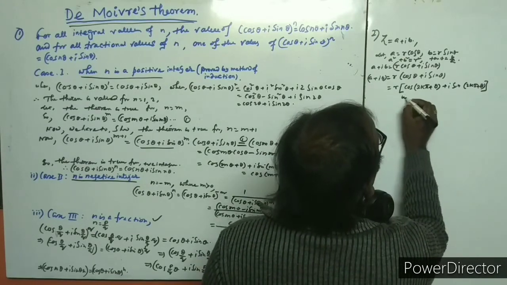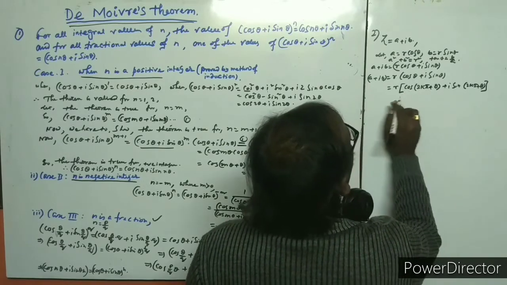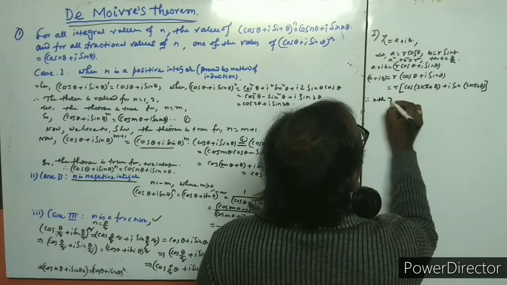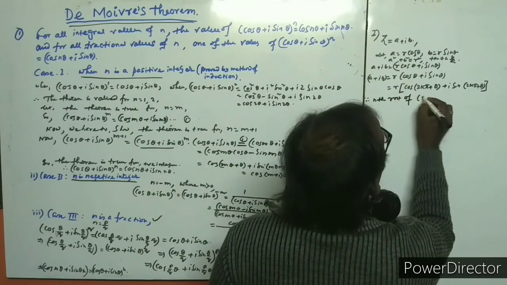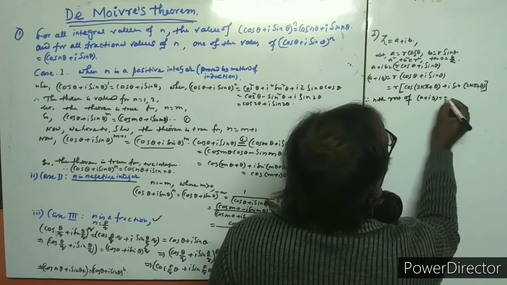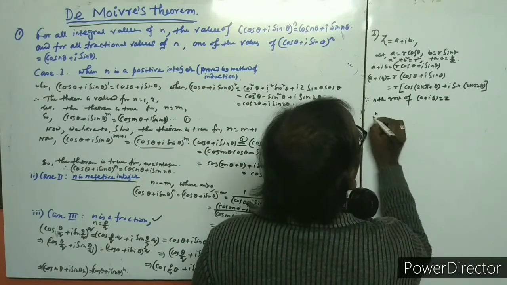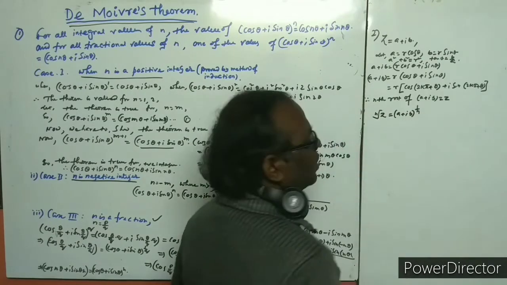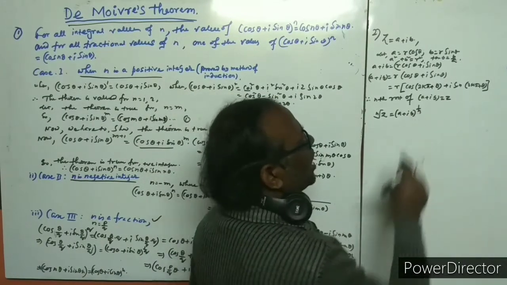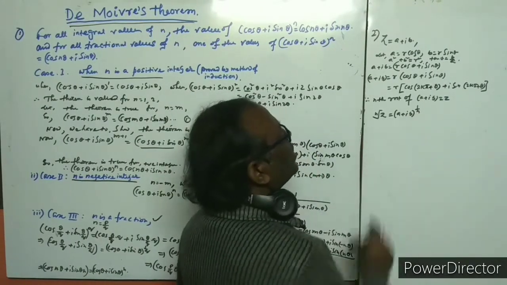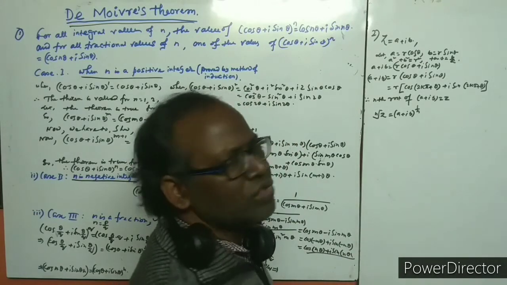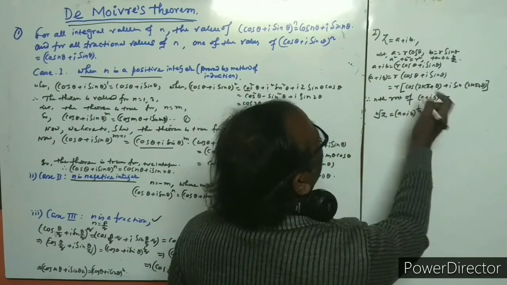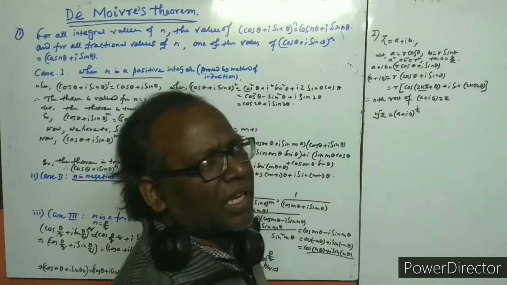Okay, and now I want to find the nth root. Therefore the nth root of a + ib, and that is z. So nth root of z is equal to (a + ib) to the power 1/n. And when this number is a fraction and there is an n, this means nth root, so the number of solutions will be n. So that's why in place of θ we put 2kπ + θ.